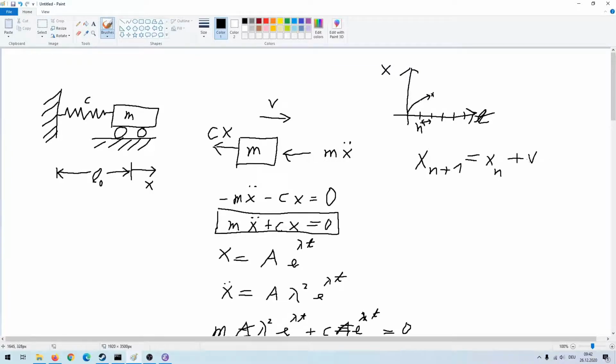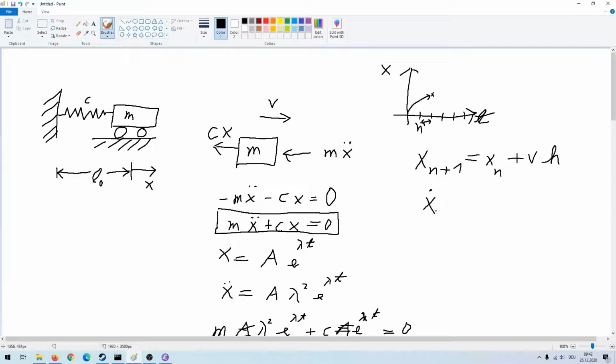So it's basically our old position plus the velocity multiplied by the time step, which is usually referred to as h. And of course we can also do that for the velocity.